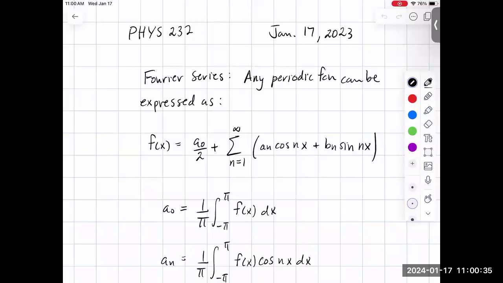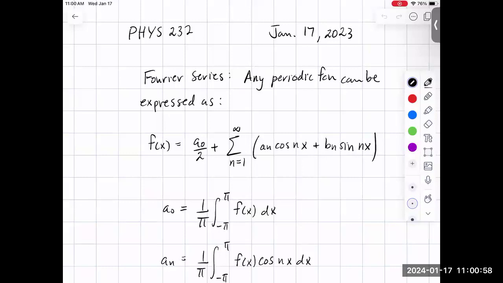All right, so let's get started. What we were talking about was Fourier series. A lot of the discussion to this point has been a little abstract, and so today we're going to do an actual example. We were going to imagine any periodic function.